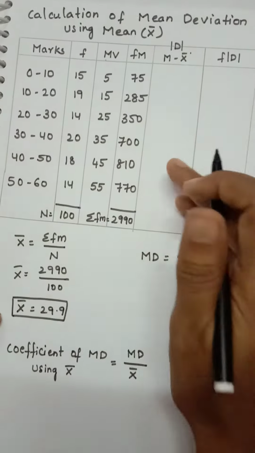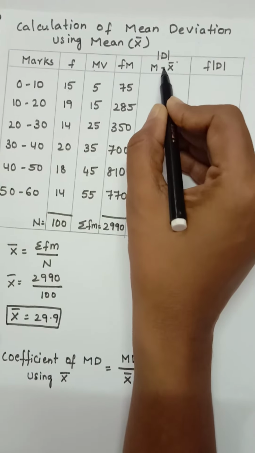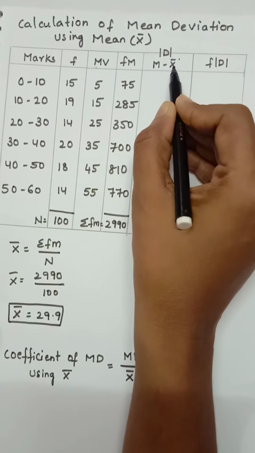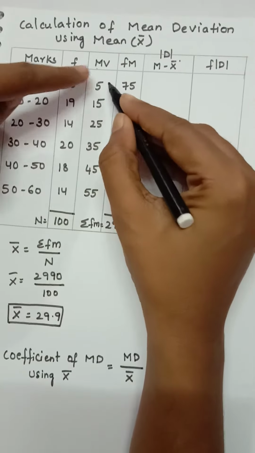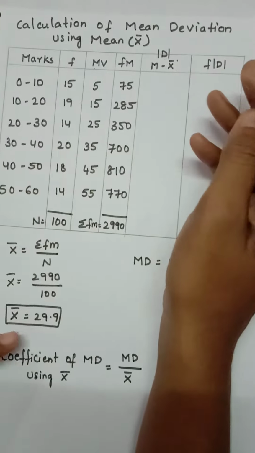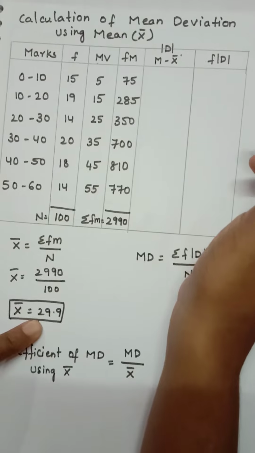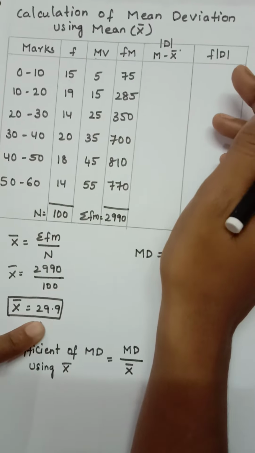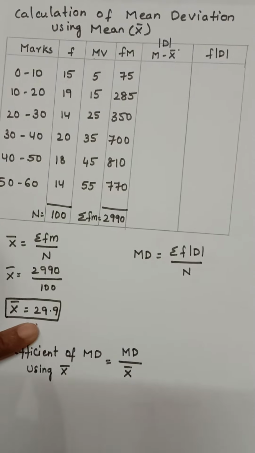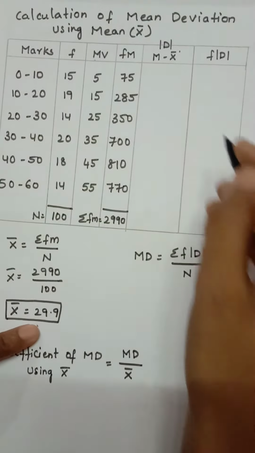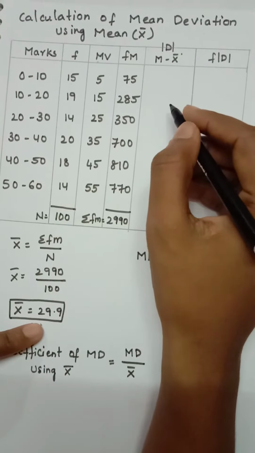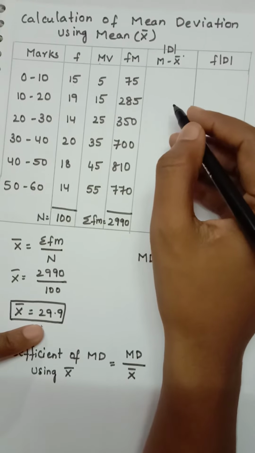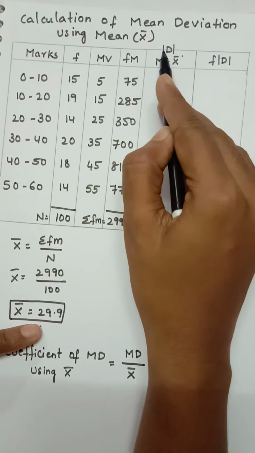Next step, mid value minus x bar. The mid values minus x bar 29.9: 5 minus 29.9. Actually we will be getting minus 24.9. But here we are taking mod d.